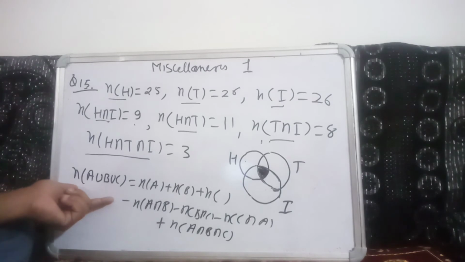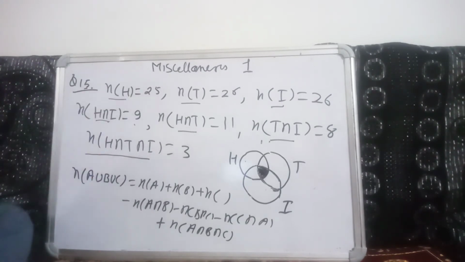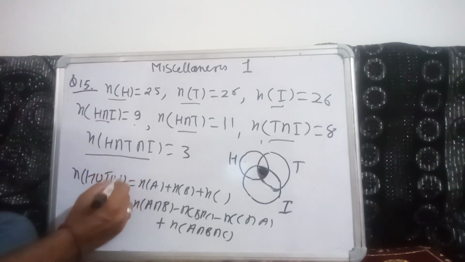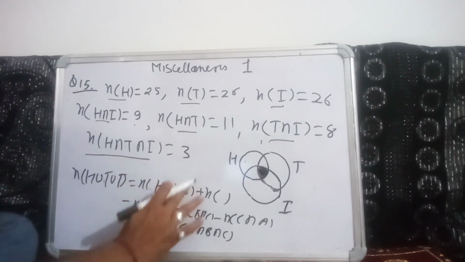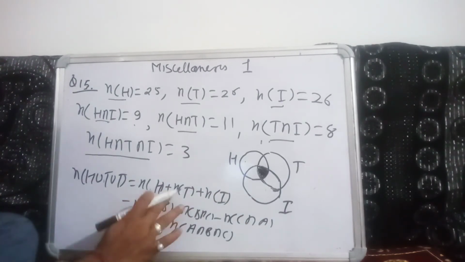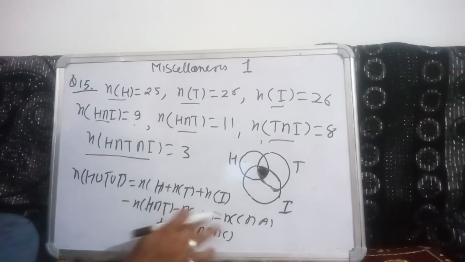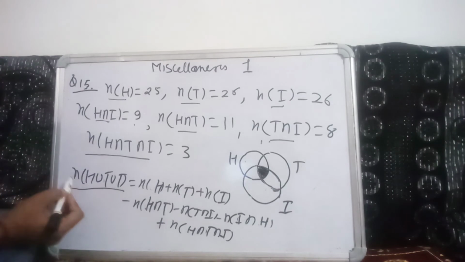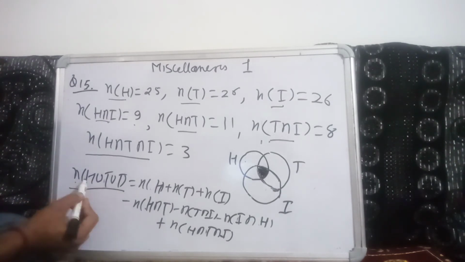So here we will replace A, B, C by H, T and I. Then H intersection T, T intersection I, and H intersection I, minus this H intersection T intersection I, right?